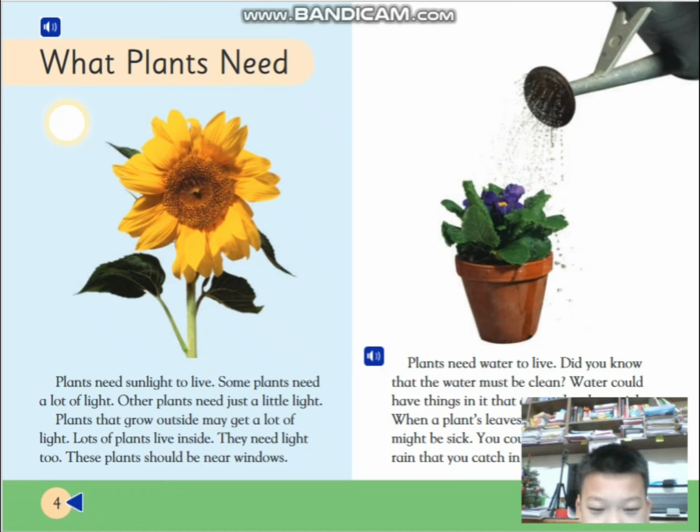Some plants need a lot of light, like a sunflower, because when the sun is shining to the left, the sunflower is going to turn with the direction of the sun. That is an example.